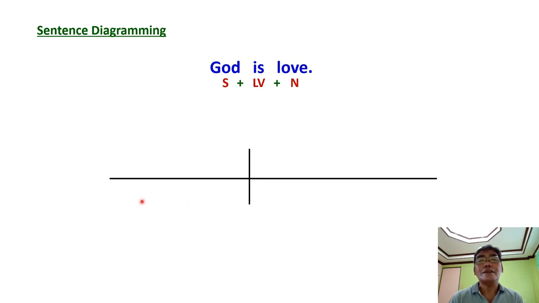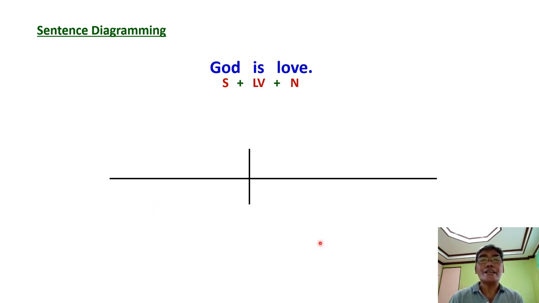And then the lower left section is for a word, phrase, or clause related to the simple subject. So meaning to say, the upper right section and the lower right section are for the complete predicate, while the upper left section and the lower left section are for the complete subject.